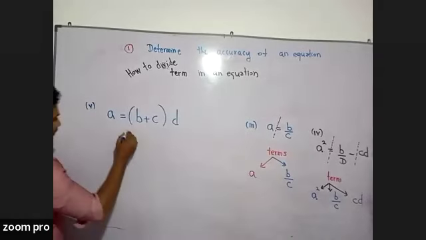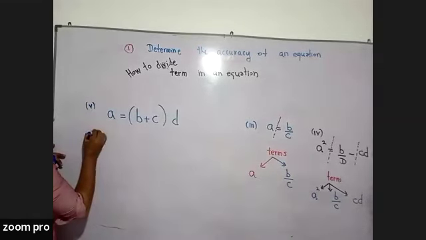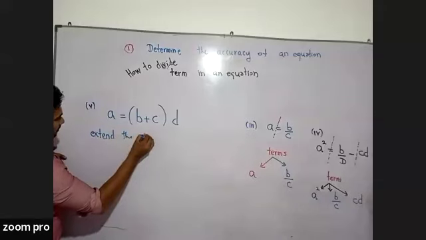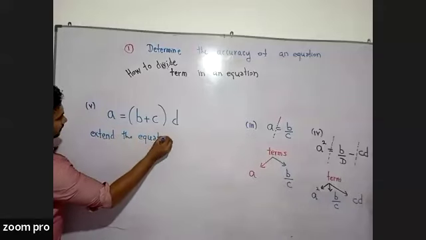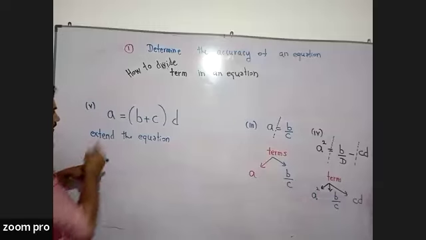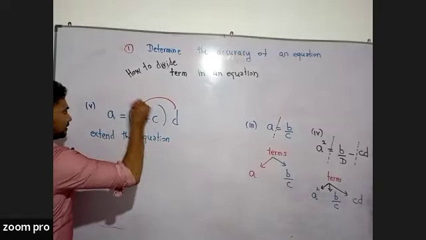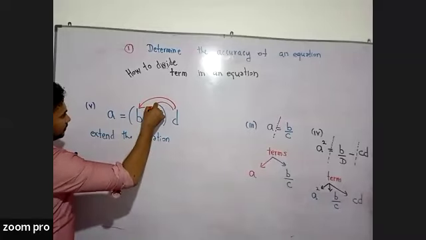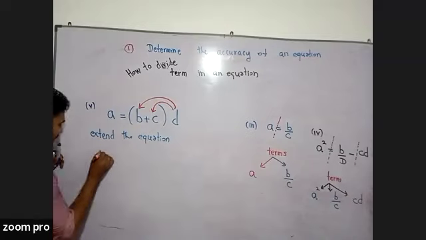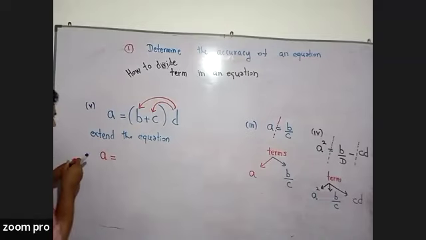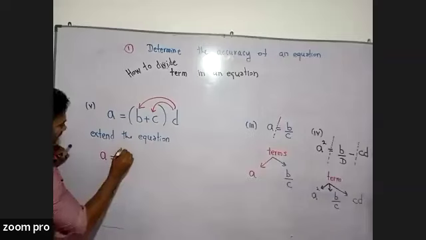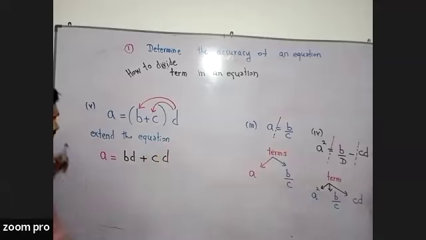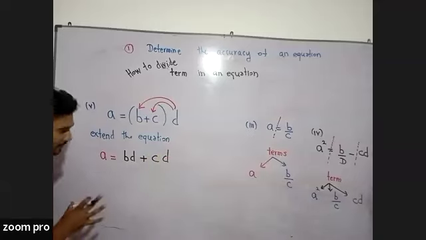So it's better to extend the equation. That means you have to multiply the expressions inside the bracket by the outer one. Then we can obtain the answer as BD plus CD. Now we can clearly understand.